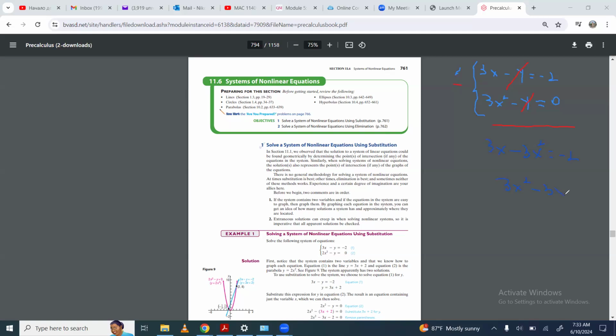So I'm going to bring these guys over here to the right. So I'm going to have only 0 left on the left side. And this is our start.